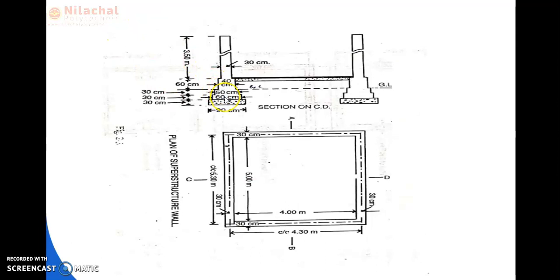Here we consider the first footing, second footing and plinth for the superstructure. The first footing is considered 60 centimeter breadth, the second footing 50 centimeter breadth, and the plinth 40 centimeter breadth. So we need to calculate the first footing, second footing and plinth separately.